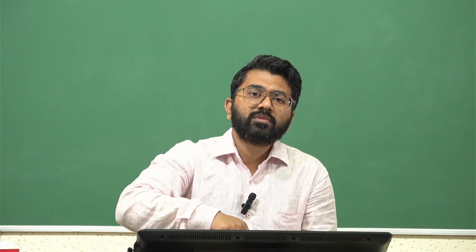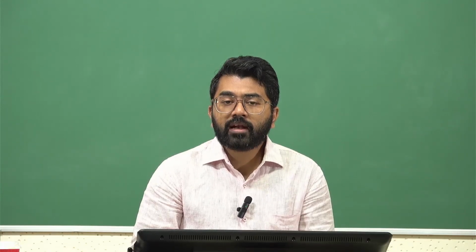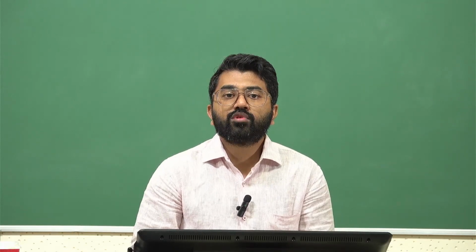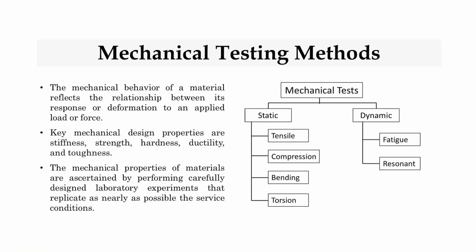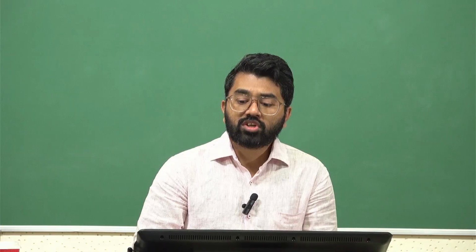Quasi static is something which is moving at a very slow strain rate. You're doing tensile test, compression test, bending and torsion. These are the four most popular testing methods in terms of in vitro mechanical tests. Next is dynamic. Dynamic is where you have a very high strain rate, or a very quickly deforming clamp, which is causing a lot of either vibrations or loads on the soft tissue.